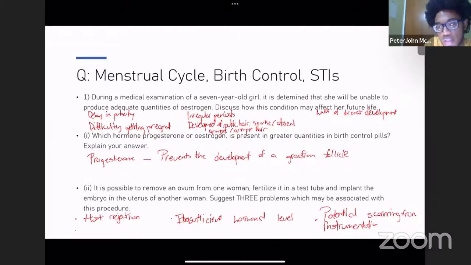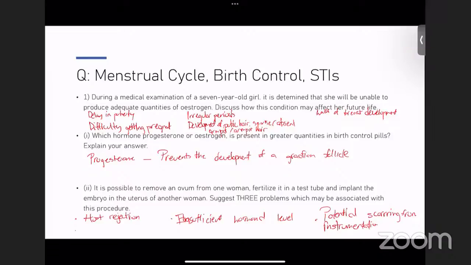All right, so how a pregnancy test works, to put it simply, you have a hormone called HCG, human chorionic gonadotropin.